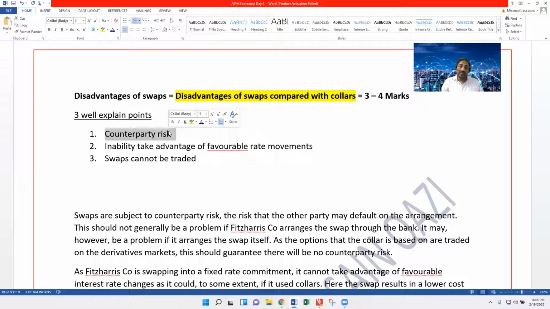With the swap, we are in a position to act in a predictable manner, but we will not be able to get the advantage of a favorable situation. And it's not a tradable contract. So first of all, plan these points and then put the things. You can make headings of these things accordingly.